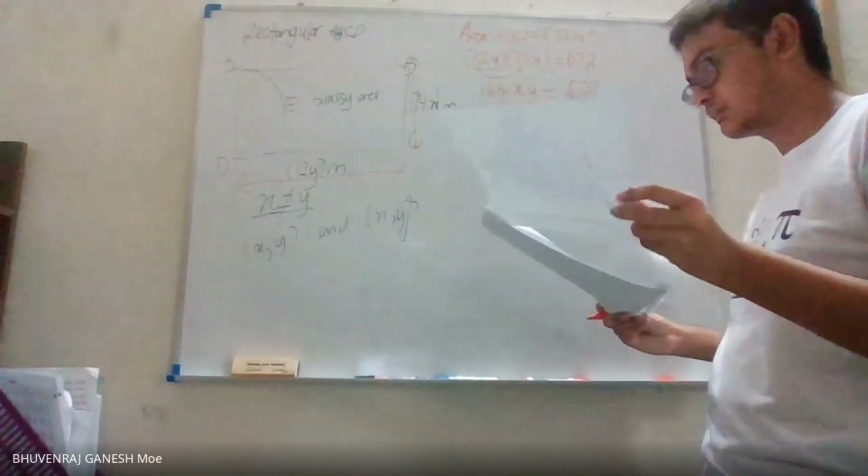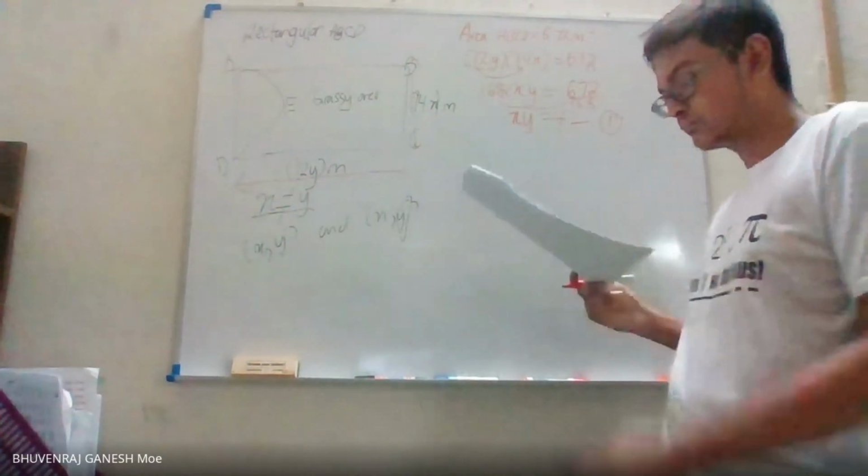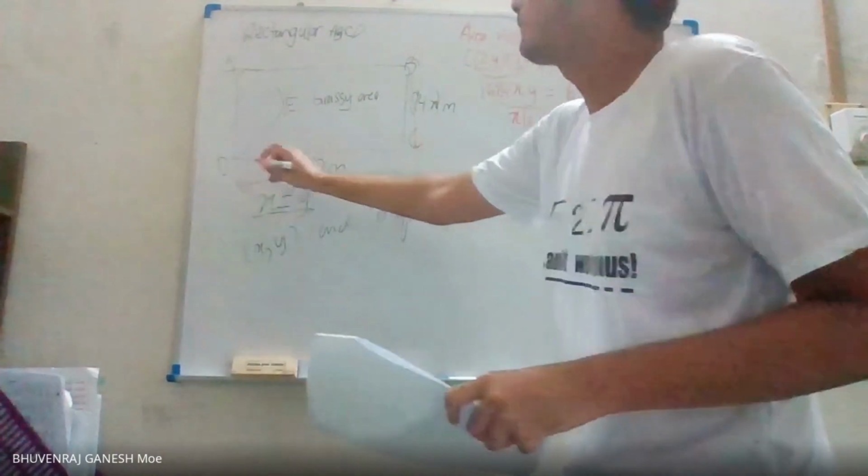They said the perimeter of the grassy area is 120. So we need this info, because they ask for the perimeter of the grassy area, right?